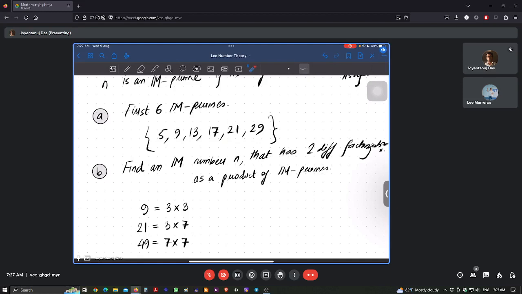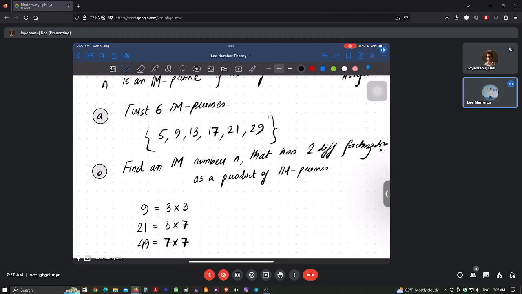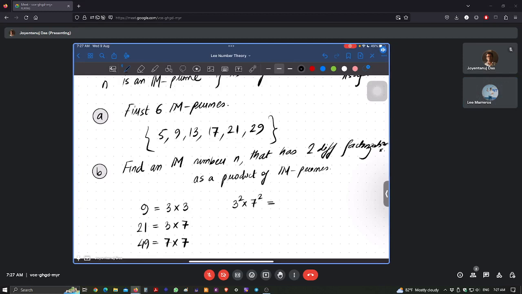Now, if I want to construct a number that has two different factorizations of m primes, we can manage with 3 and 7. If I take 9 and 49, it has 3 squared and 7 squared. So 3 squared times 7 squared, I can also write as 3 times 7 times 3 times 7.